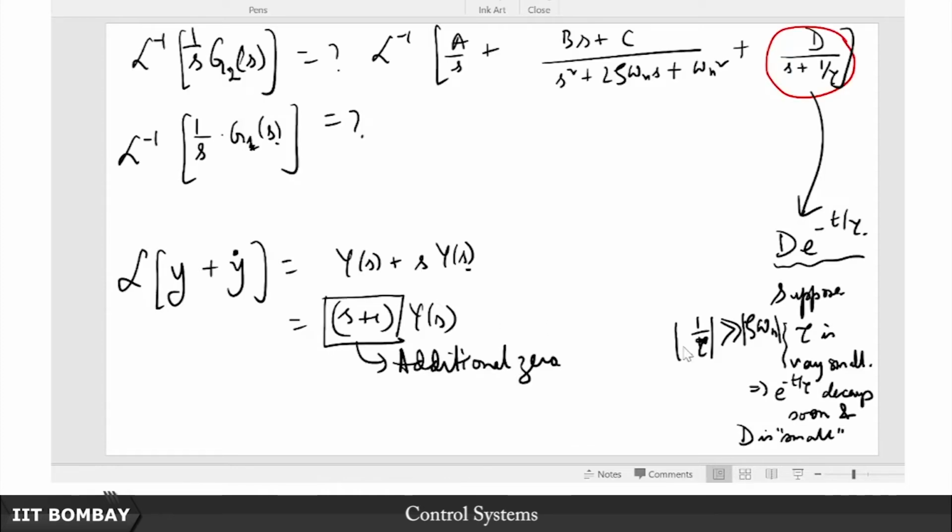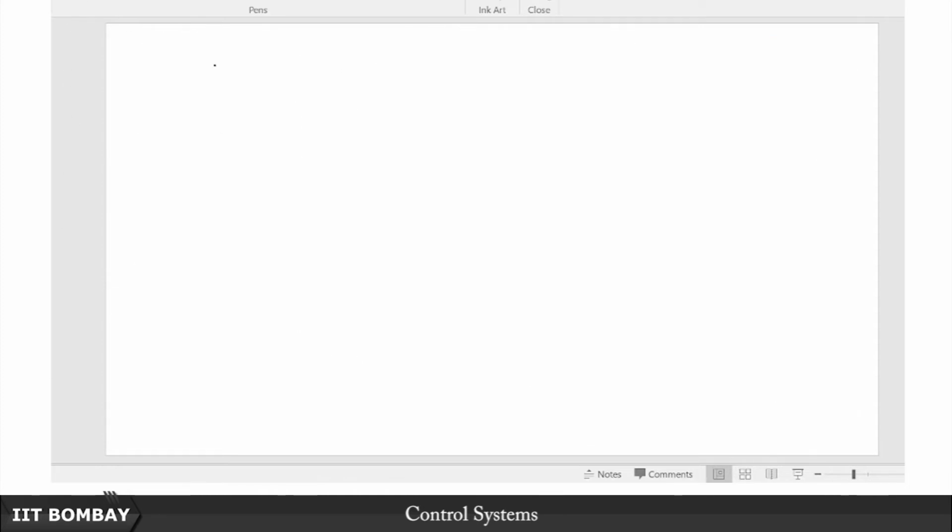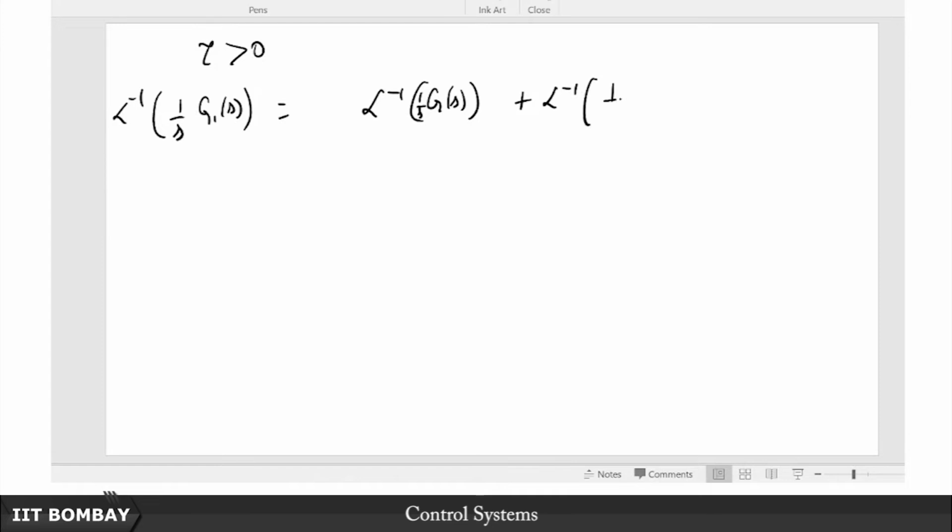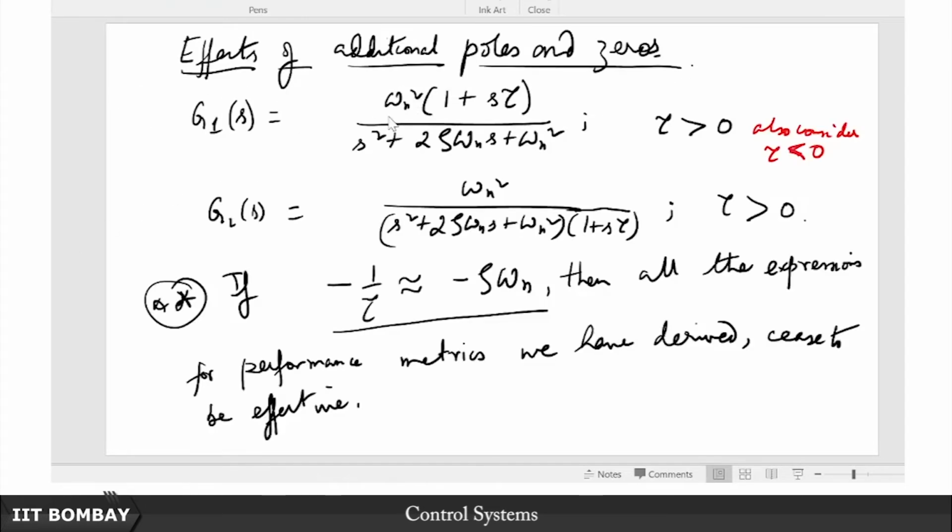So suppose you have tau greater than 0, and you consider G1(s), 1 by s times. So this is going to be nothing but the Laplace inverse of 1 by s G(s), plus the Laplace inverse of 1 by s into s tau times G(s), where G(s) is basically this pristine second order system.